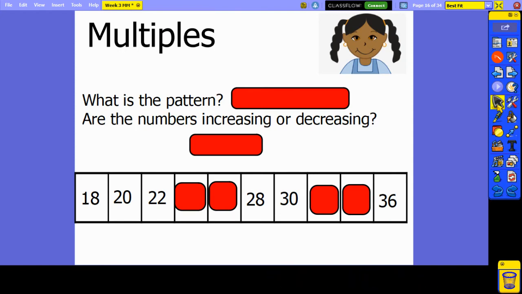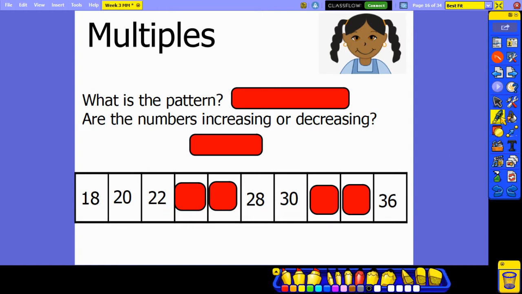Multiples. Right, I've got a new pattern here for you. Let's have a look at these numbers. They can't be multiples of 10 because they don't all end in a 0. They can't be multiples of 5 because they don't end in a 5 and a 0.